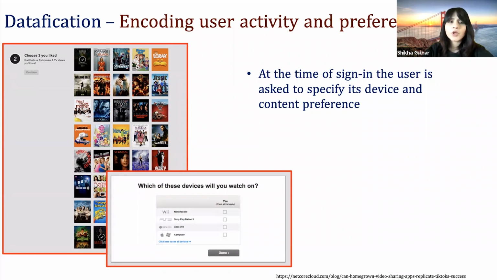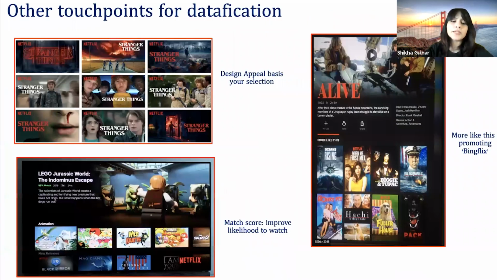And the context building doesn't stop here. There are multiple touchpoints put in place on the platform that monitor and record your interaction. Some of the noteworthy touchpoints are the match score, which basically defines a numeric value for every title on the grid based on your past choices and preferences.